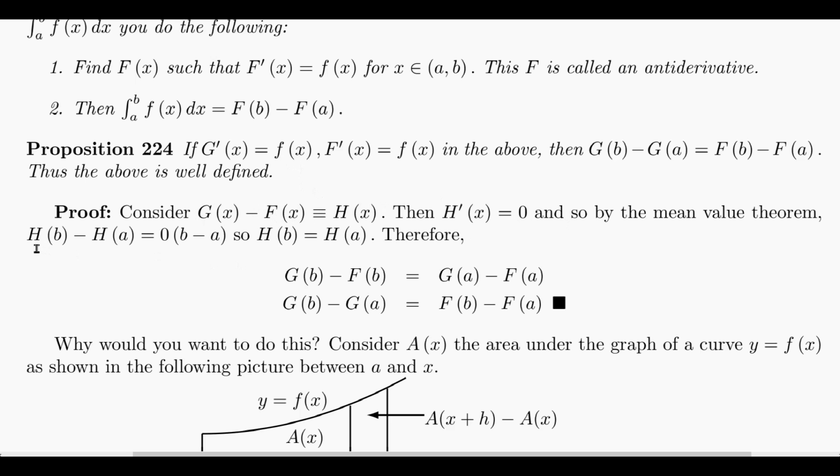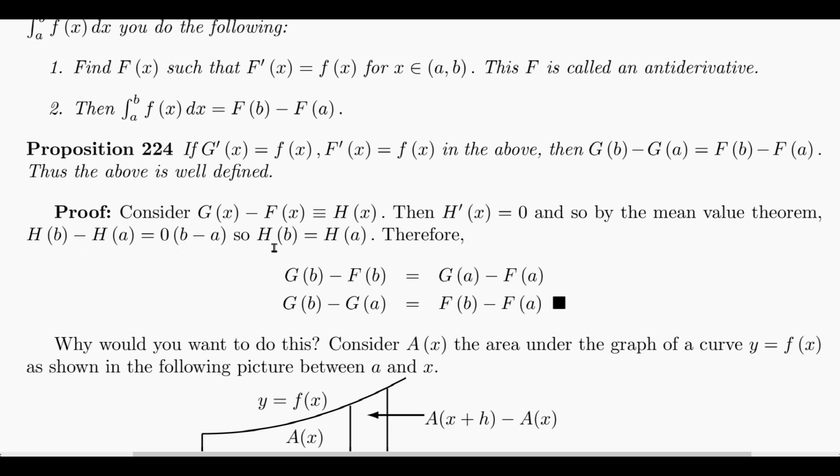So by the mean value theorem, h of b minus h of a is h prime at some point in between times b minus a, but you see h prime is always 0. So h of b minus h of a is 0.